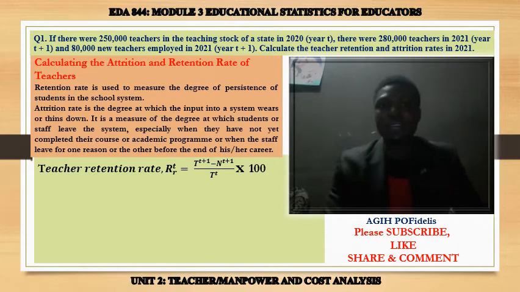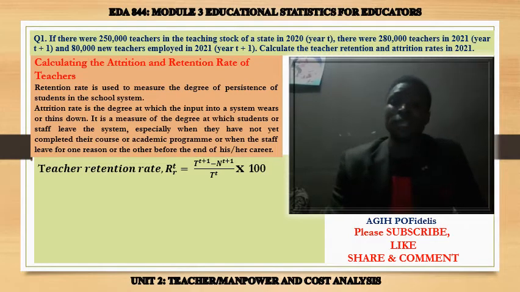Again, the attrition rate measures the extent at which teachers leave the school system, while retention rate measures the extent at which the system retains its teachers.